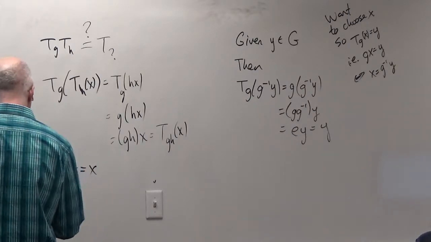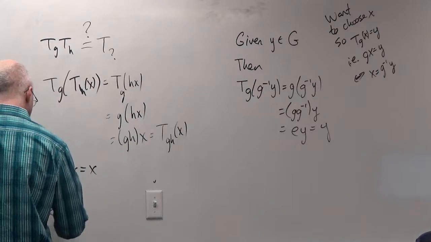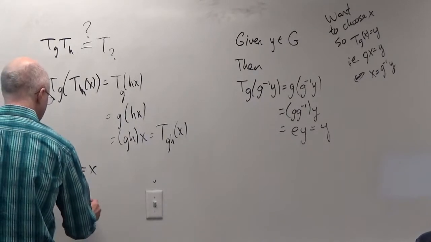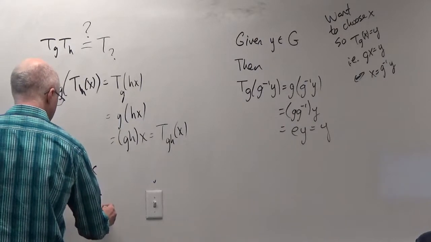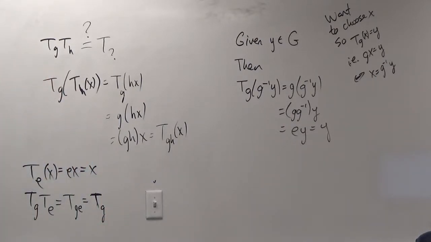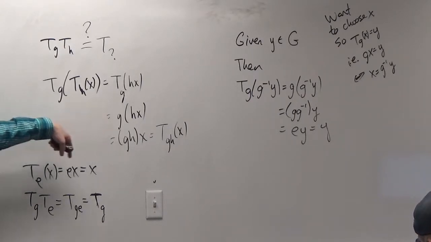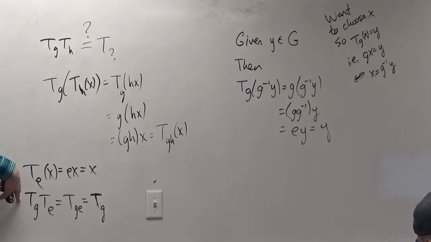And it is the T sub E is the identity of this group of permutations. Because I can write this. It is important here to distinguish between a function and its outputs. When you write things like this, that's really talking about the outputs of the function, which are elements of capital G. When I write this kind of thing, I'm really talking about the elements of this new group, G bar.